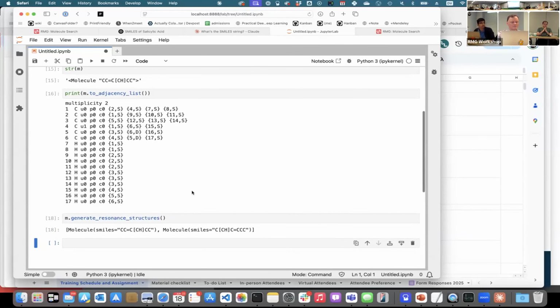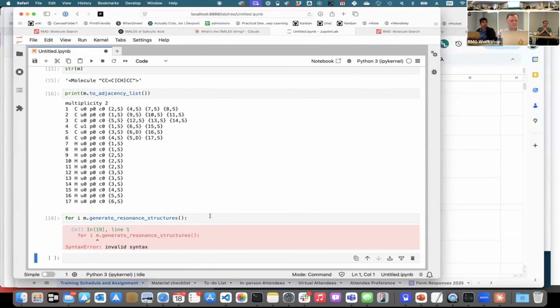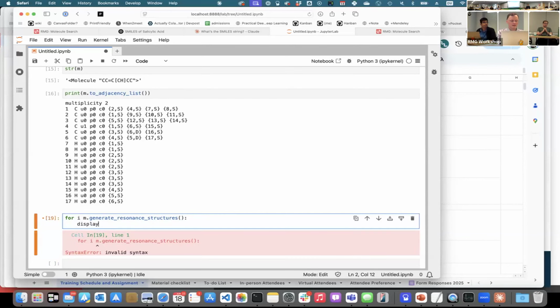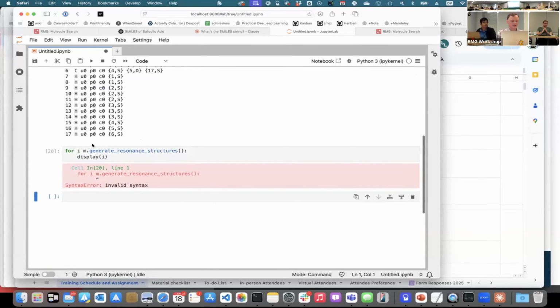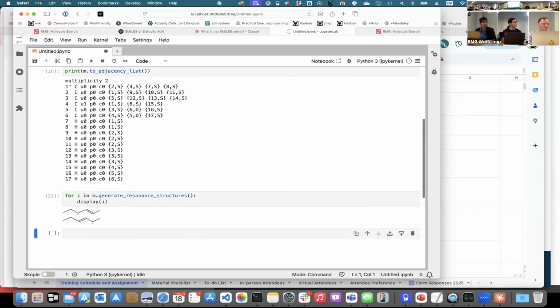Yeah, it made 2 resonance structures. Display. Okay. So yeah, you can do a lot, and it's worth learning how to read these.